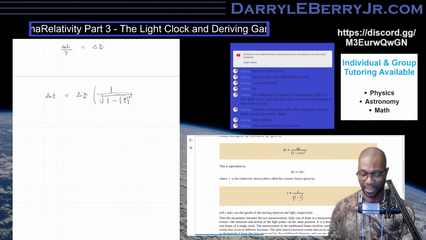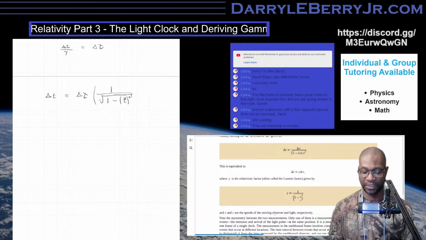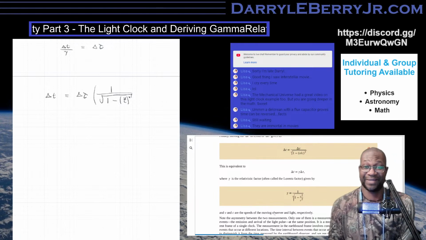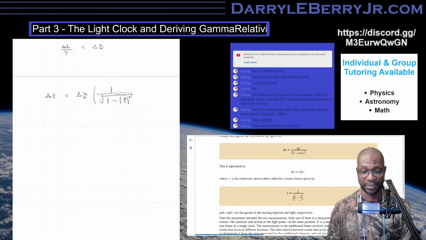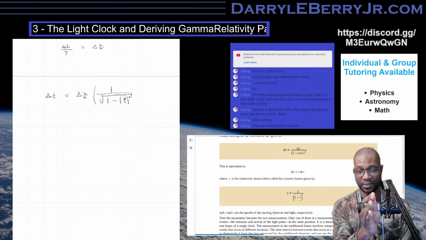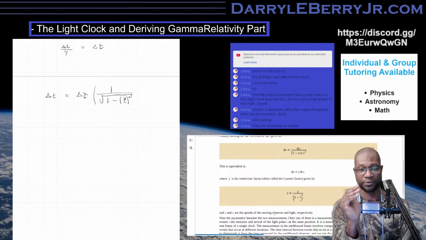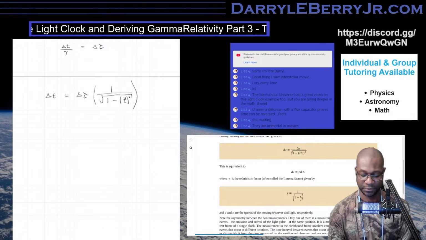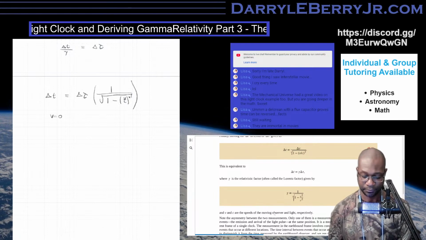Let's say now the idea is that V cannot exceed C, but let's say V is 0. Let's say the spacecraft is standing still, parked on the ground, so V equals 0.